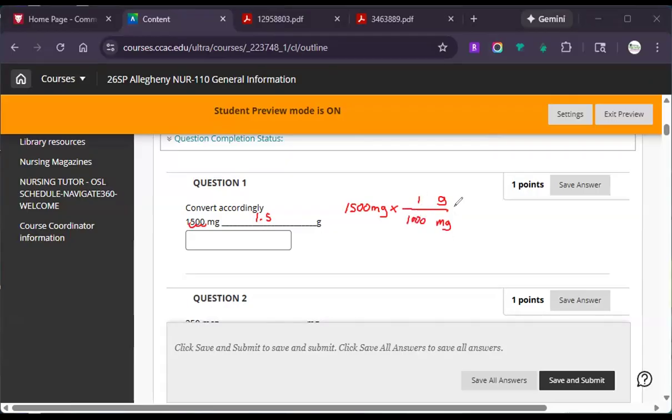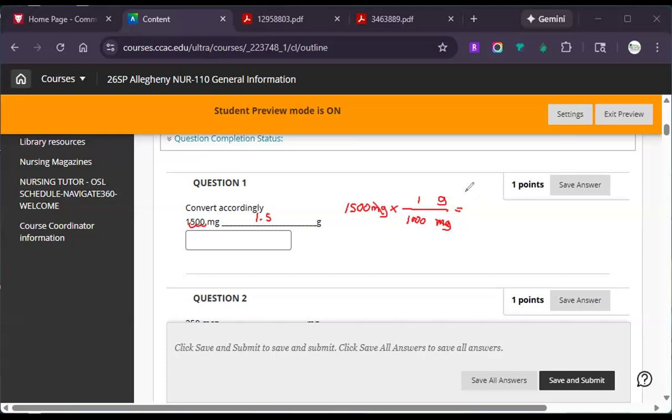So if you ever get stuck, write it out, even if you don't use this method. If you know that 1500 divided by 1,000, you should at least have an idea that that number is going to get smaller, not bigger. Okay. So, like I said, just write it out. The only time this doesn't work properly is if you don't know these conversions. Practice them.